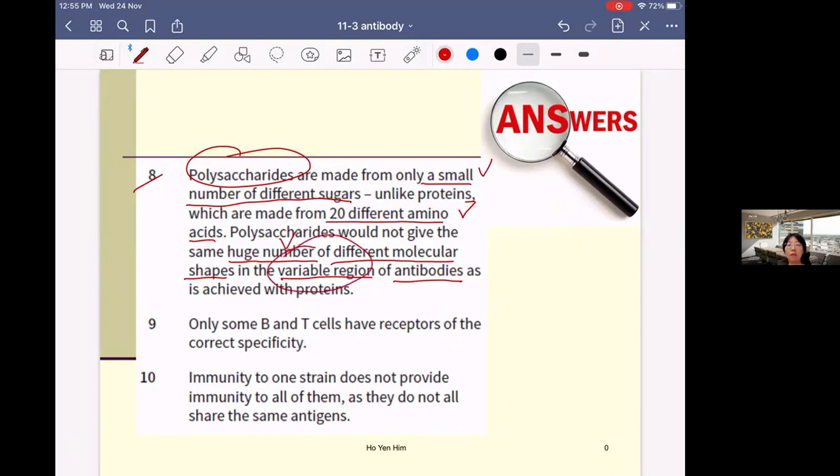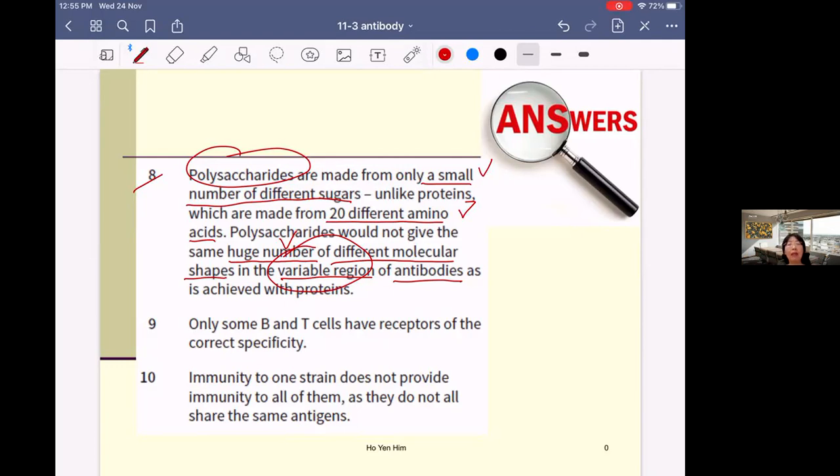So they want you to write about the variable region because this is the region that is able to bind to different antigens. In the entire lifetime that you're alive, you can be living for 75 years, 85 years, 95 years, probably over 100 years old. Within your lifetime, you'll be exposed to so many different types of antigens.